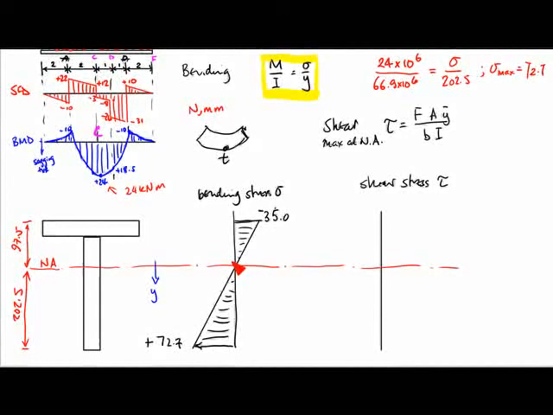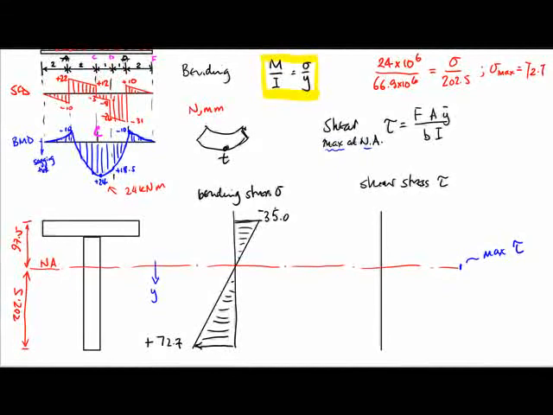So the shear stress is the maximum where the bending stress is 0, and in this case you see that the shear stress is 0 top and bottom, and the bending stresses are actually at their maximum values top and bottom. So the distribution of shear stress is very different to the distribution of the bending stress. But I have just said that the shear stress is maximum at the neutral axis, so this is the value of the shear stress that I want to find.